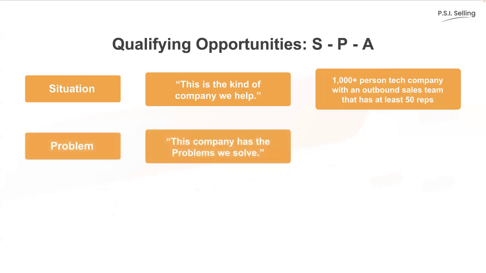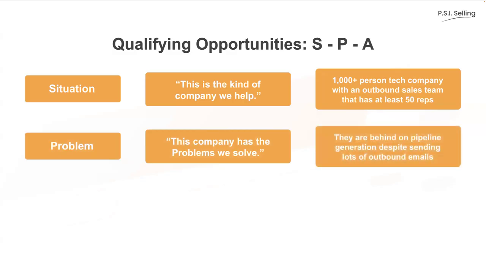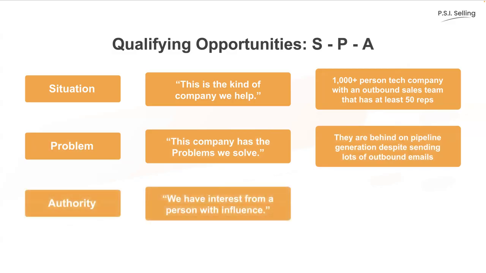And then P for problem, right? The company needs to have the type of problem that we solve. And so these are essentially the problems that you defined in your themes. And then authority, right? We need to be talking to somebody who has influence over this deal.